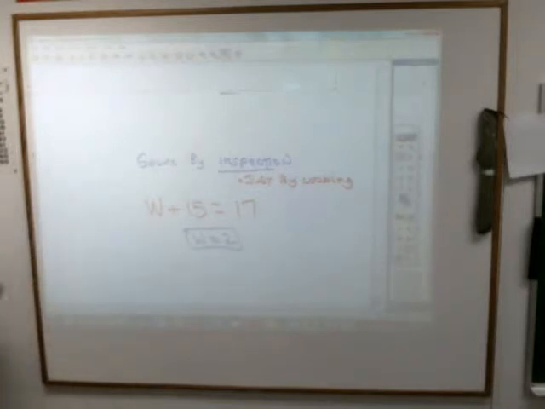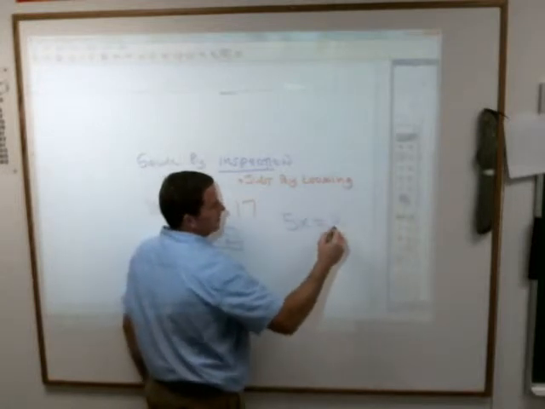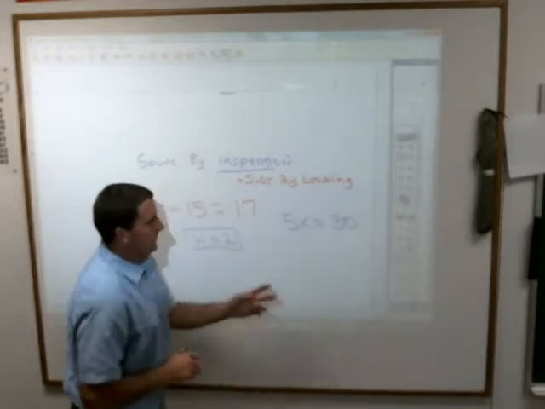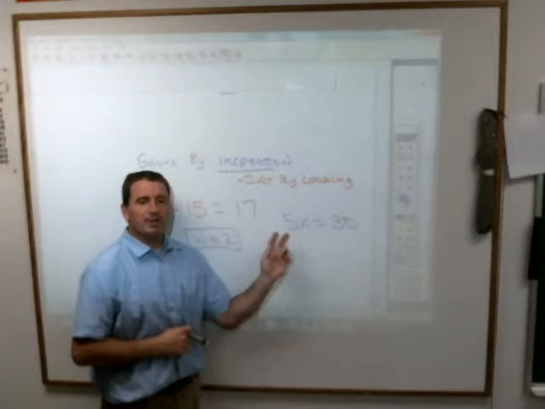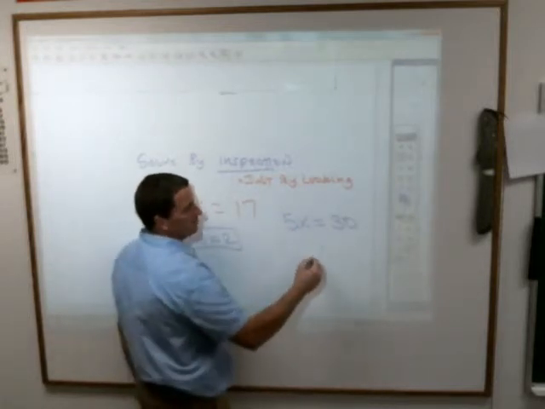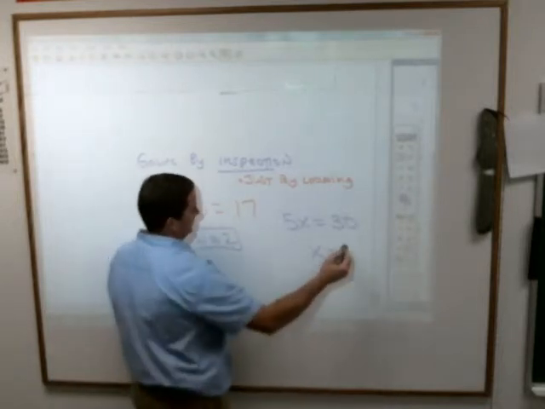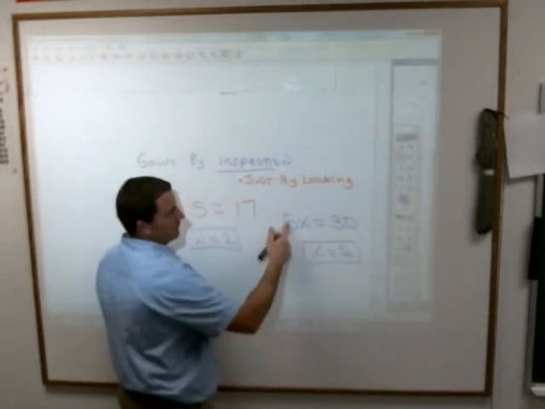Later on, we'll get to where you have to show work, when they get really complicated. But for right now, they want you to do this. How about this one? 5x equals 30. Anytime you have a letter next to a number, that means you're multiplying. You just say 5 times what number is 30? Sammy? 6.